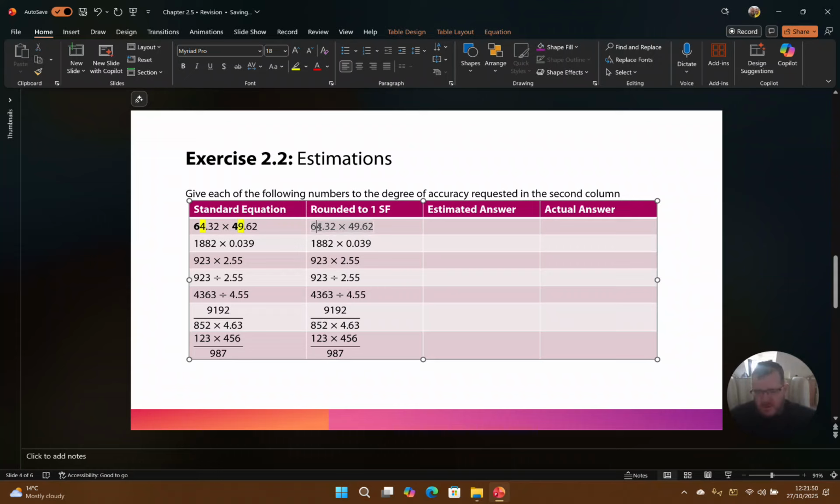Next we've got these in a function. So 64 rounded to 1 significant figure becomes 60 because 4 is less than 5, and then we've got a 9 which is greater than 5, which then becomes 50. 60 times 50, or 6 times 5 is 30, and then add 2 noughts at the end of it: 3,000.